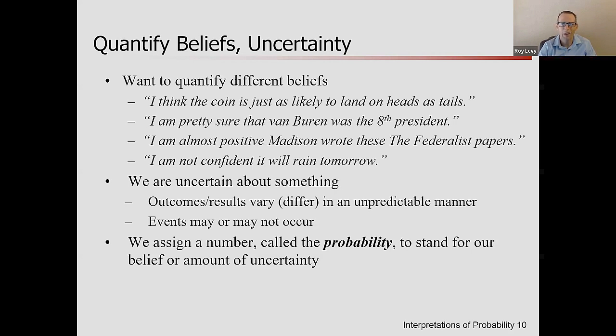Or, you know what, I'm not confident that it's going to rain here tomorrow. We are uncertain about things. Outcomes, results, or phenomena vary or differ in unpredictable ways. Events may or may not occur. We assign a number called the probability to stand for our belief or our amount of uncertainty.